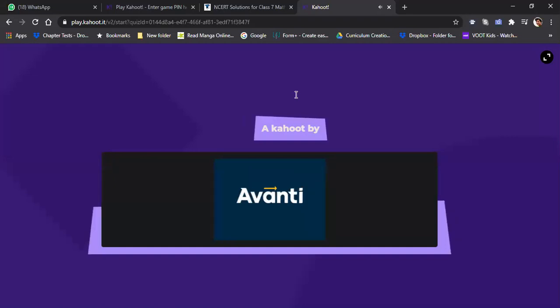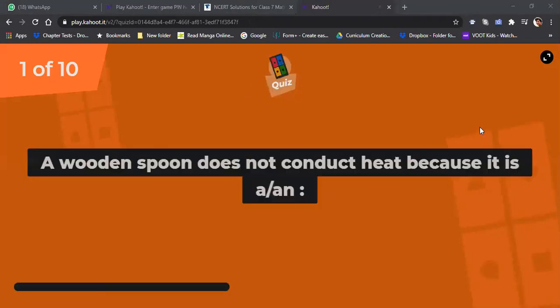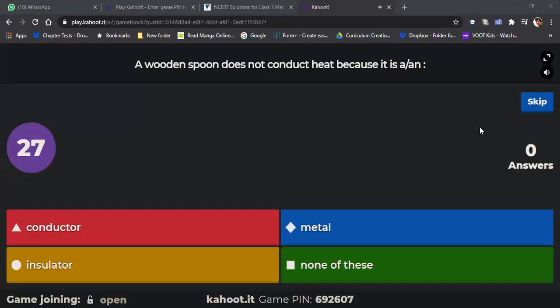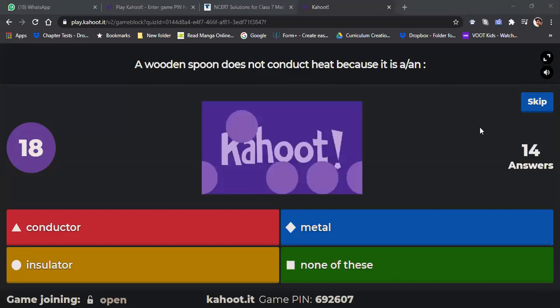So we will see the first question. The first question is, a wooden spoon does not conduct heat because it is an option A, conductor, option B, metal, option C, insulator, option D, none of these.